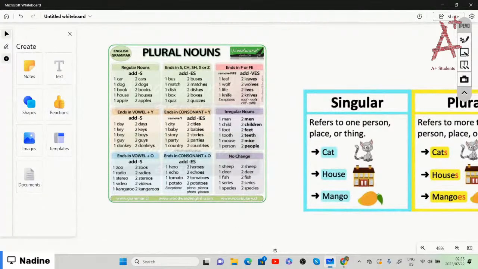From one car to two cars, one dog, two dogs, one book, two books, one house, two houses, one apple, two apples. So this is a chart that you also need to go over.